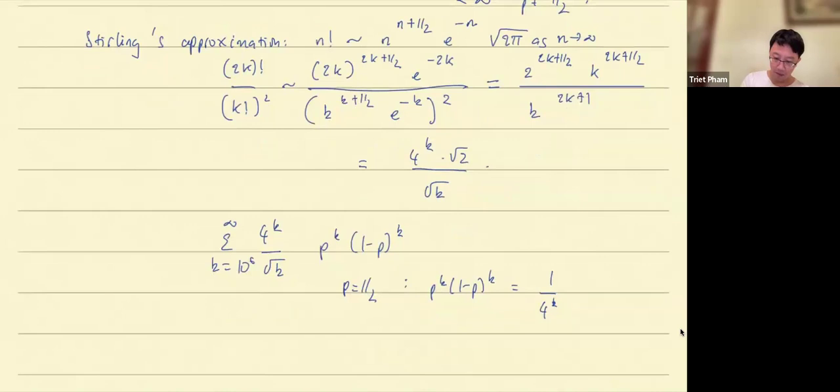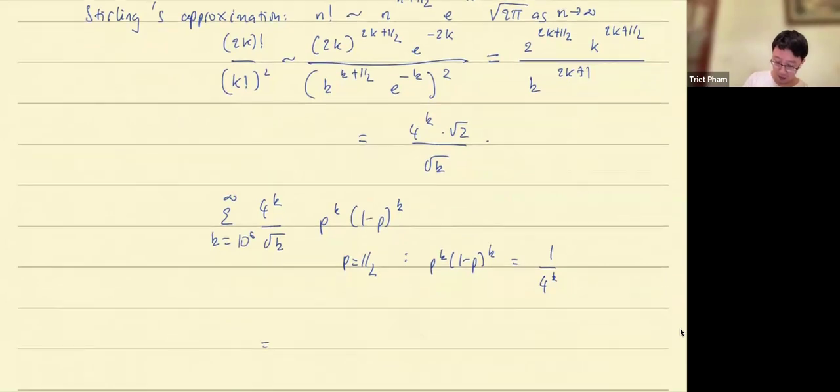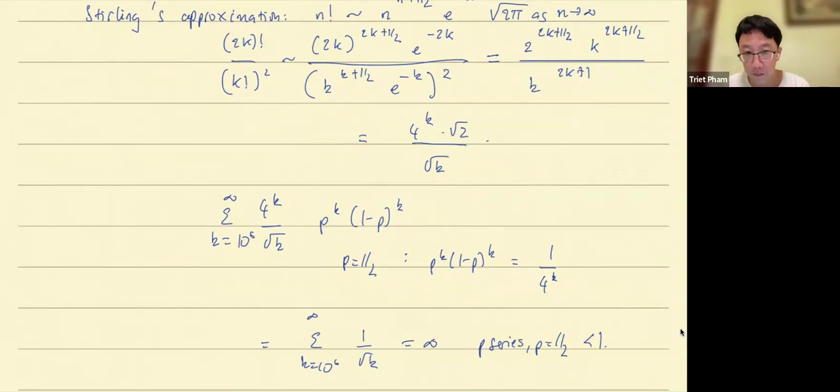And this sum will exactly be the sum of 1 over root k, which will be infinite by the p-series test, when p is half. Okay, so far?